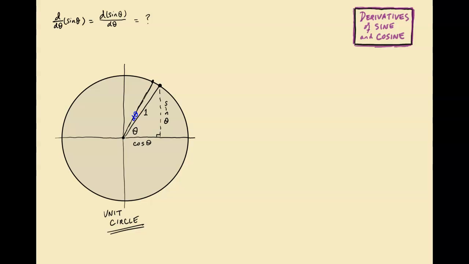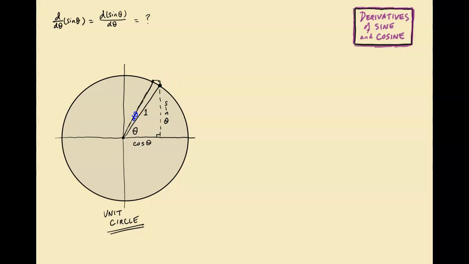Now when I make that change, when I increase the input ever so slightly, I get a corresponding change in the function's output, because when I increase the angle, of course this point moves up the circle a little bit. It moves from here to here. So its second coordinate changes. It's increasing. In fact, it's changed by this little amount right here, the edge of that tiny right triangle. That's actually an infinitesimally small right triangle. And that leg of it represents the change from the old value of sine when the input was theta to the new value of sine when the input was theta plus d theta.